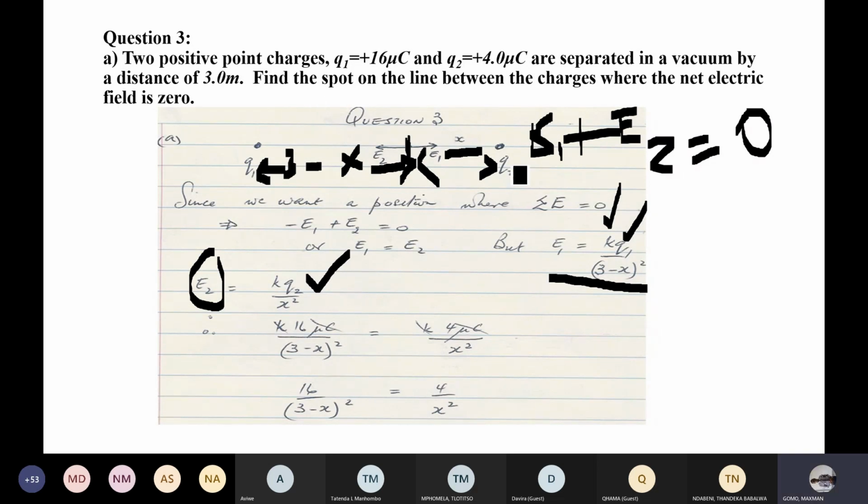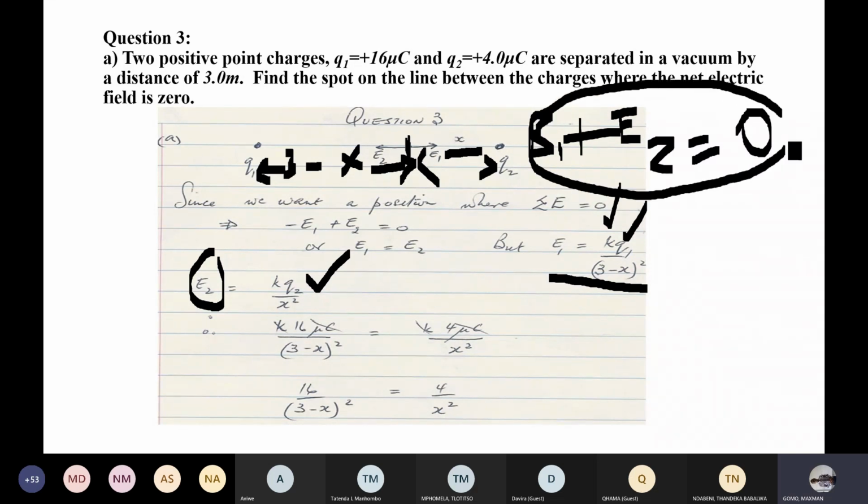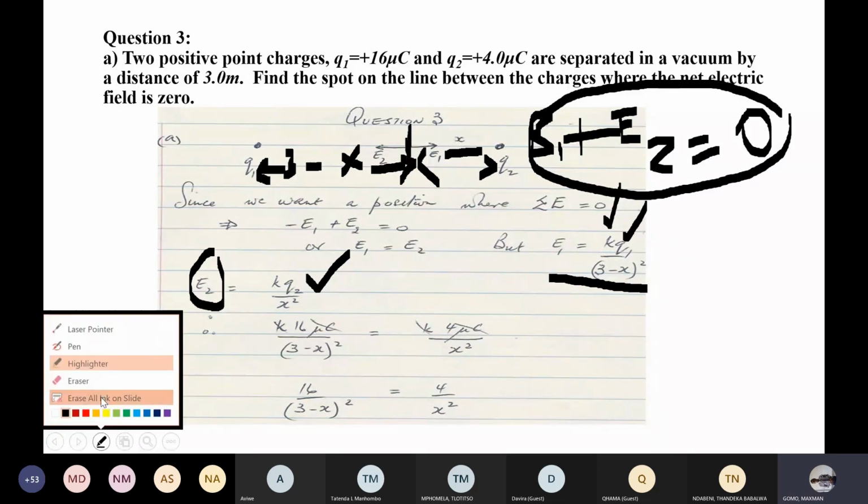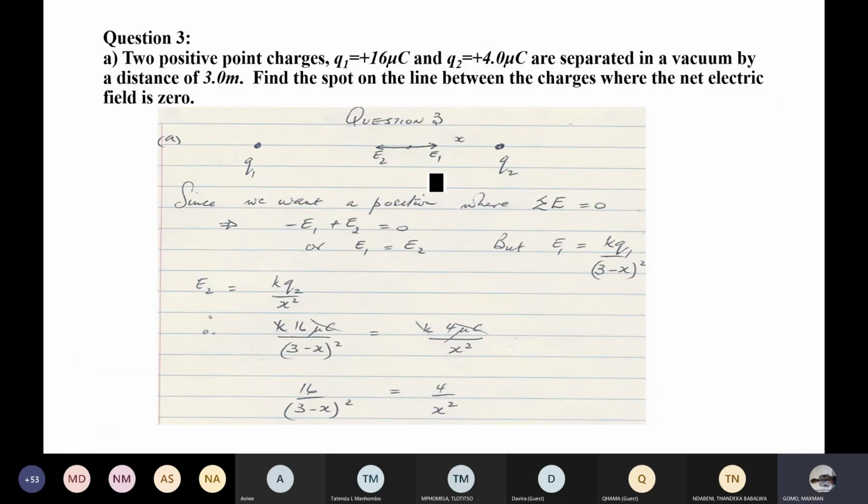Technically speaking, this is what we need: a spot where E1 plus E2 is equal to 0. But if you come back to this point here, I'm going to remove what I've been writing so that I can explain a little bit further.